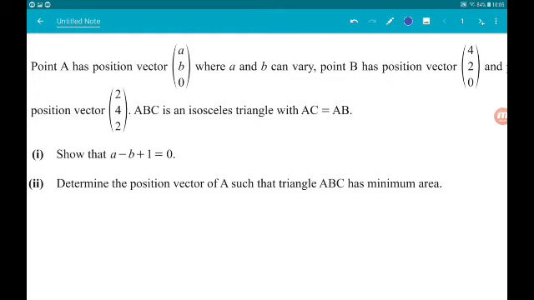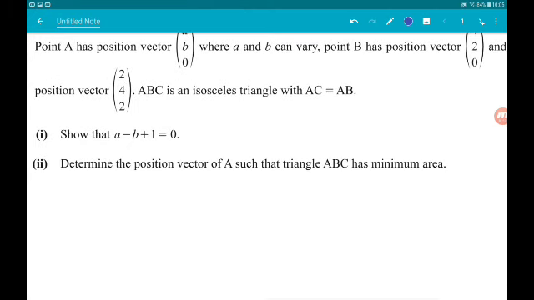Okay, so classic maths, where does this equation come from? Think about what we can do with the info that we are given. So we know that AC is equal to AB.